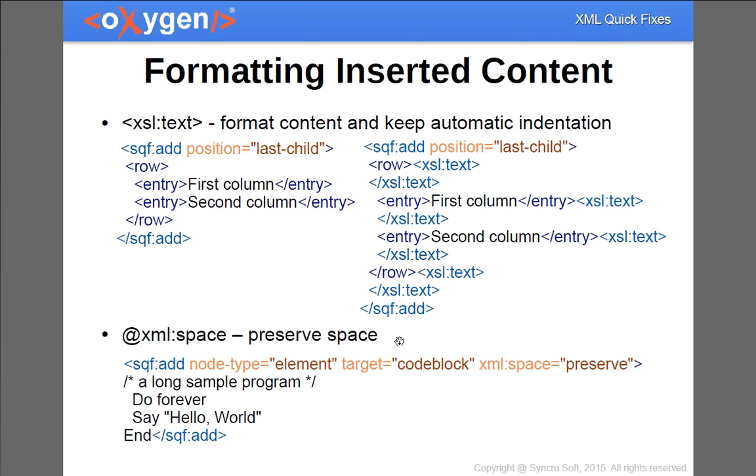In another example, if you want to insert a code block where the fragment that you insert is kept as you added it in your operation, then you need to specify the xml:space attribute with the value preserve.